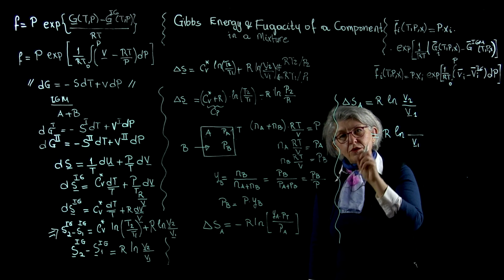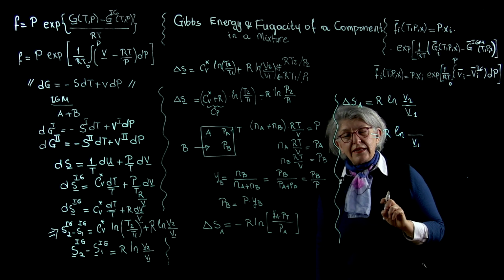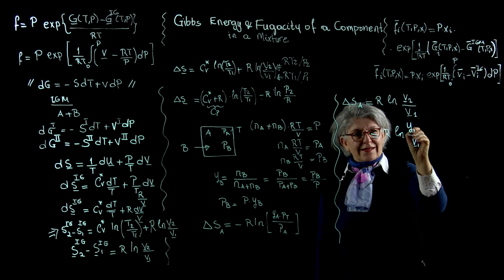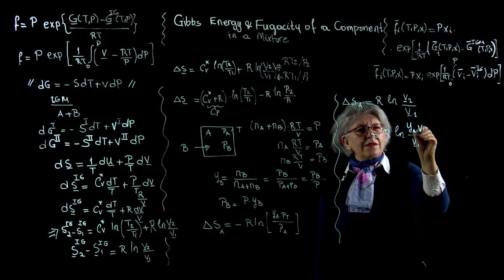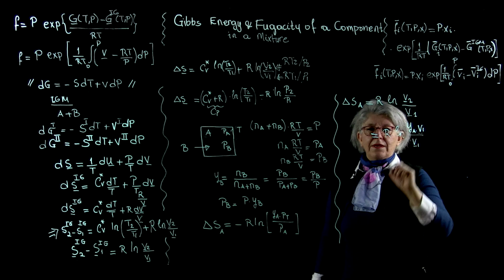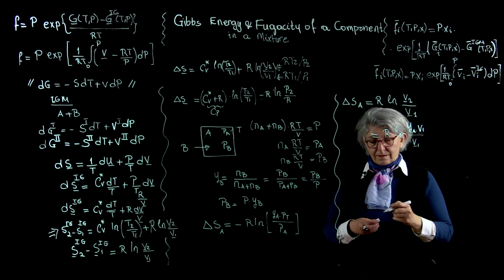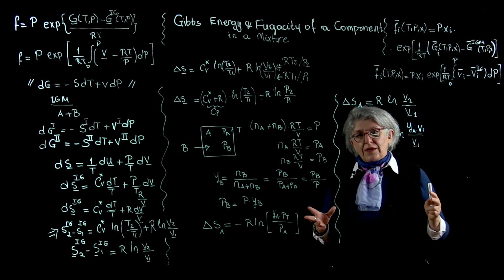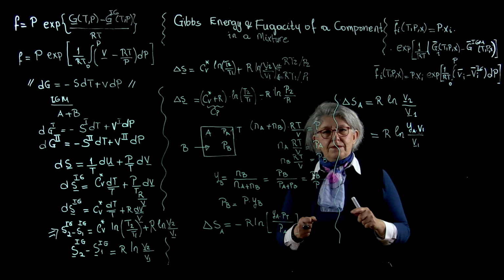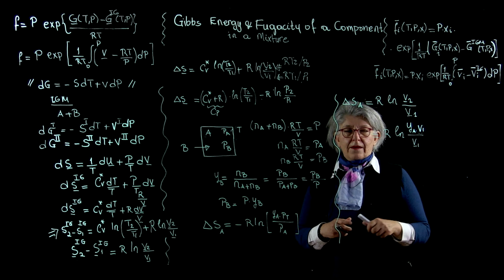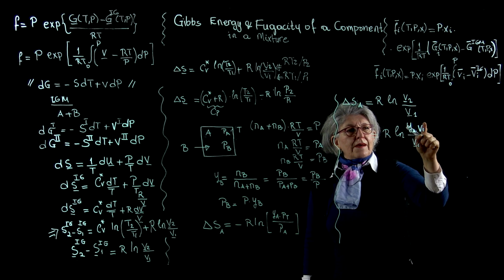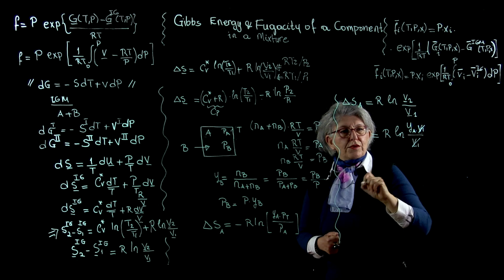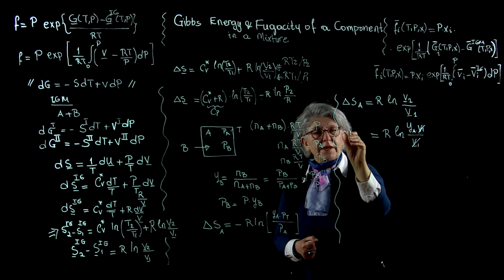The final volume occupied by component A is going to be YA times V1. All right? So the total... these terms, let's summarize this and then come back to the discussion.